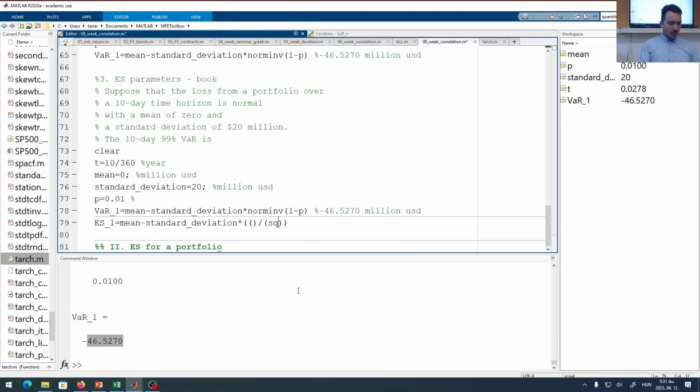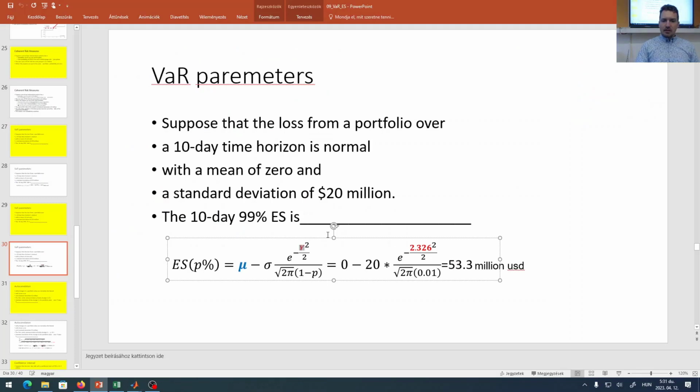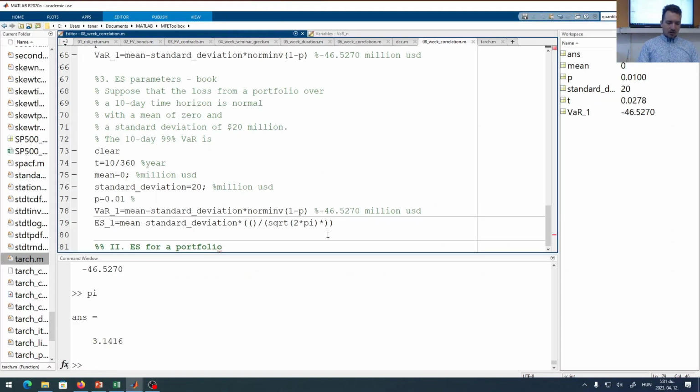So there's a square root of 2 pi. Do we have a pi function? Yeah, we have. Okay, so we don't need it.